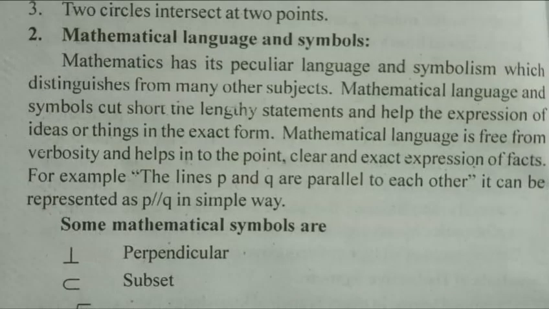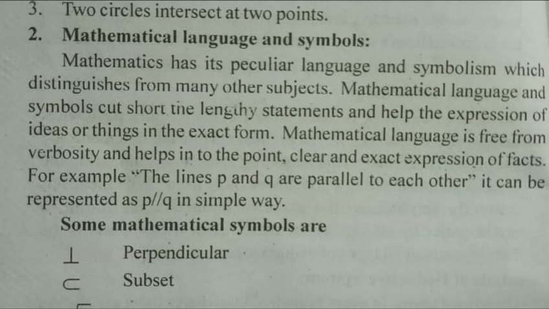The second one, mathematical language and symbols. Mathematics has its peculiar language and symbolism which distinguishes it from many other subjects. Mathematical language and symbols cut short lengthy statements and help the expression of ideas or things in exact form.